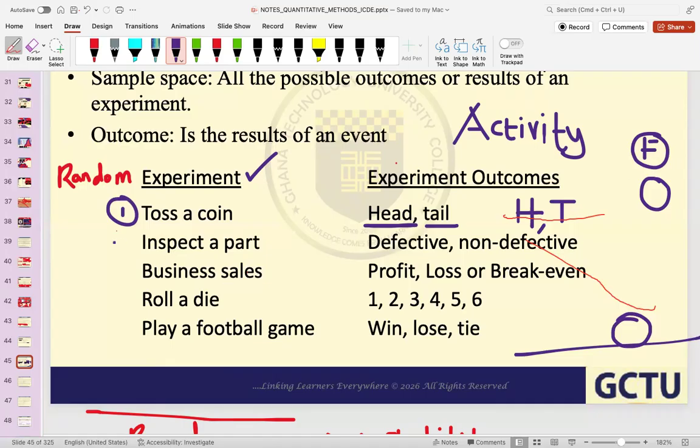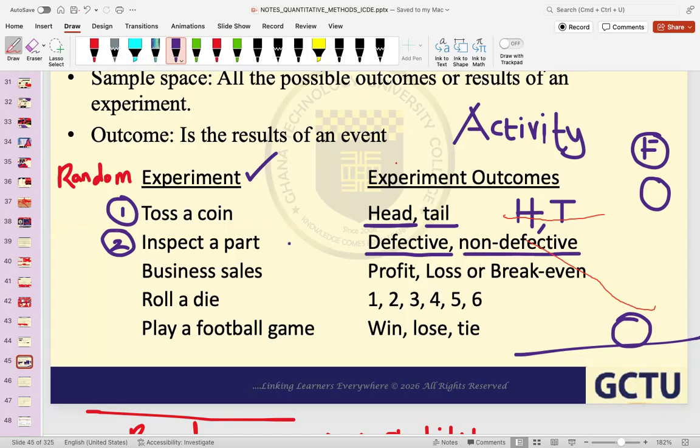The second one is when you are in a manufacturing plant whereby products are being manufactured. All the products that are being manufactured, when you do a thorough inspection, you'll see that not all products are the same. Some are defective. Some are non-defective.